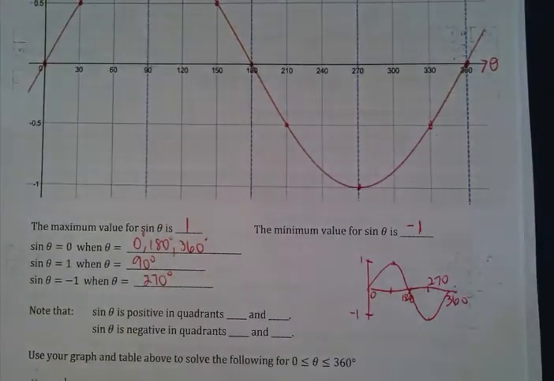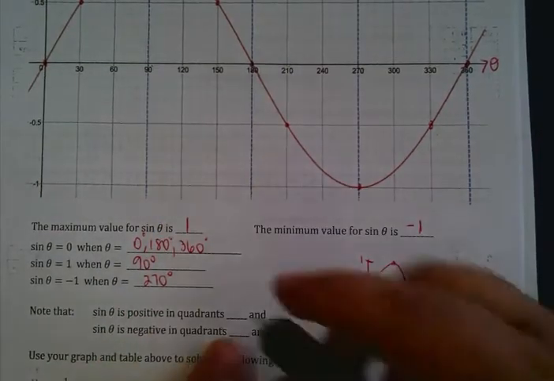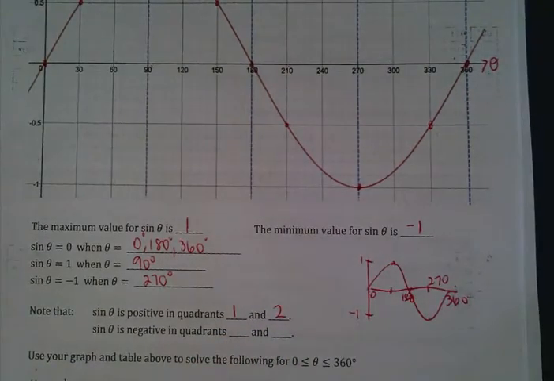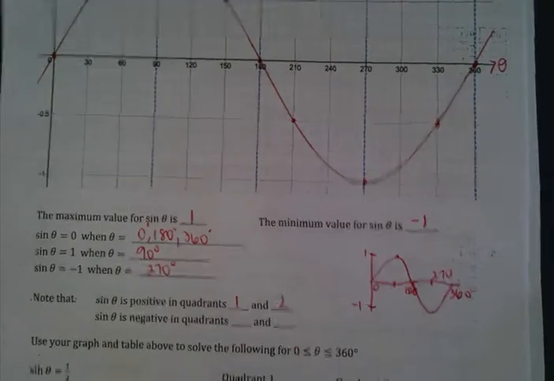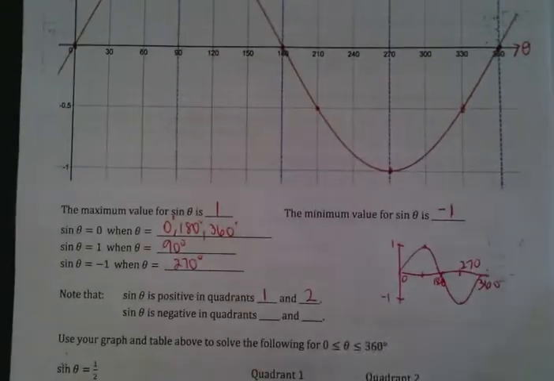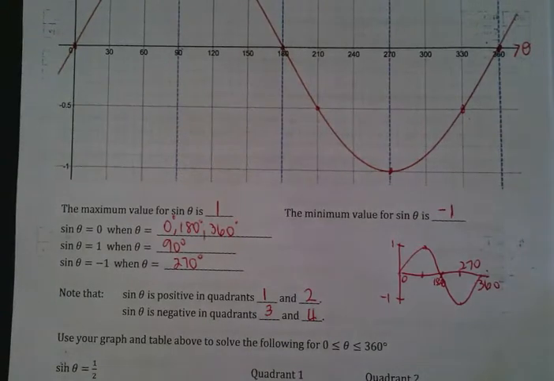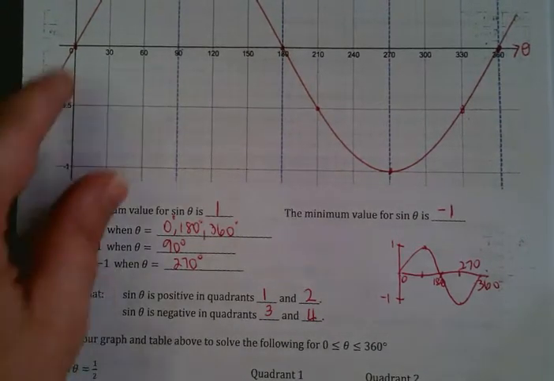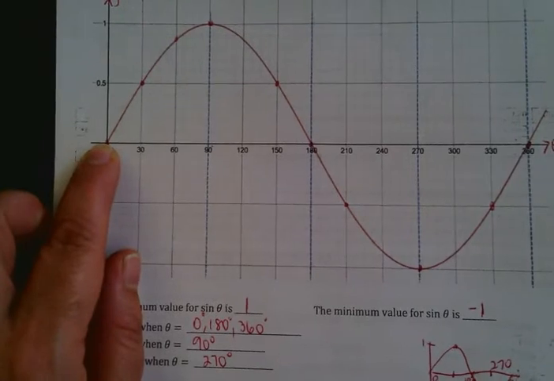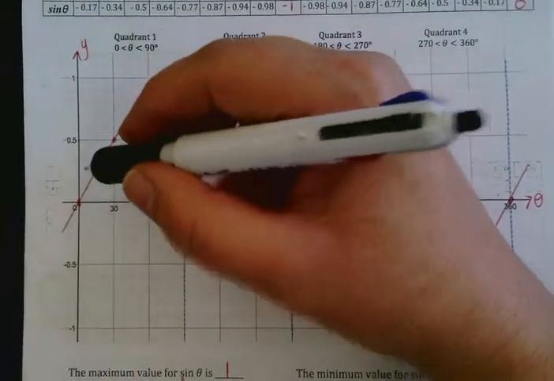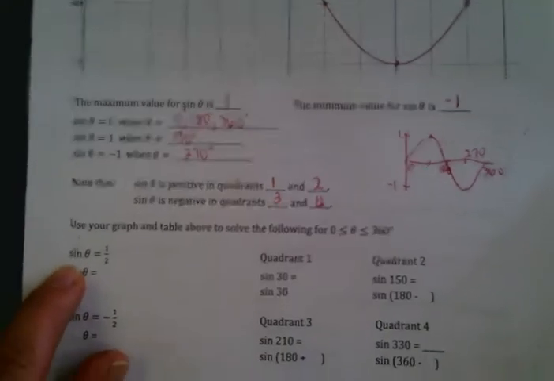Good. Okay, we can see from the graph as well that sine theta is positive in quadrants 1 and 2. Fits in with all stations to central. And it's negative in quadrants 3 and 4. Now, just looking at our graph, if I told you that sine theta was a half, we're going to do these properly later.